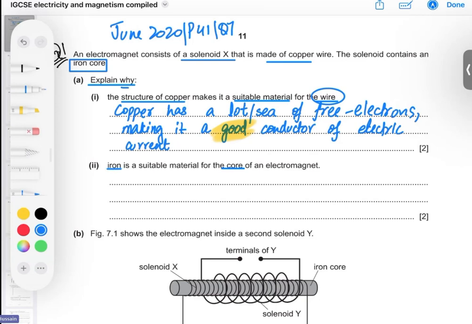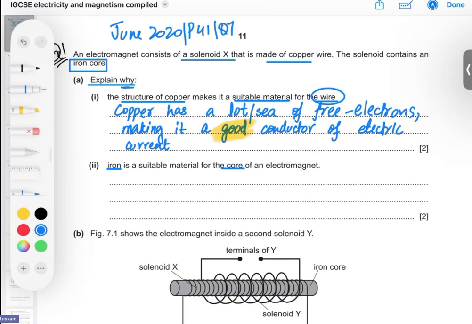Why is it suitable? Because iron is a soft magnetic material. It can easily be magnetized and demagnetized, right? So whenever I need the electromagnet to work, the iron should be magnetized, and when that's not in use, then there should be no magnetism left behind.